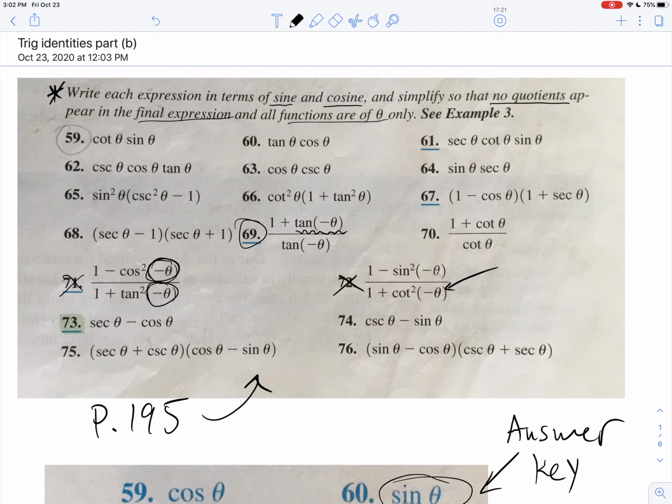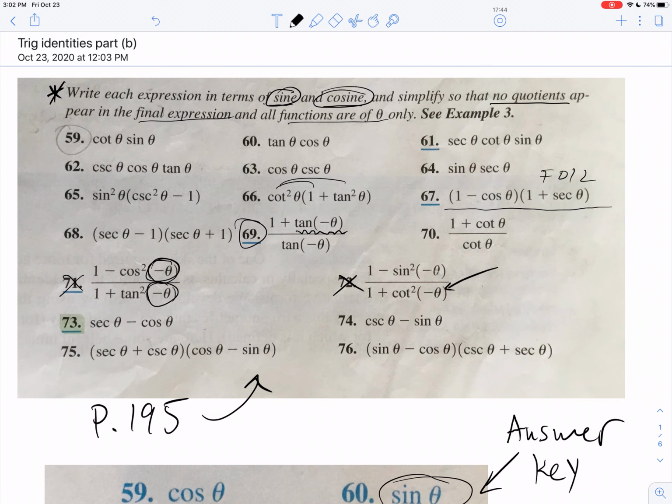So the deal is, what they want from you guys is they want you to try and rewrite things in sines and cosines. Then they want you to perform the indicated operation, like maybe multiply here, right? Maybe FOIL right here. Maybe that's what they want.